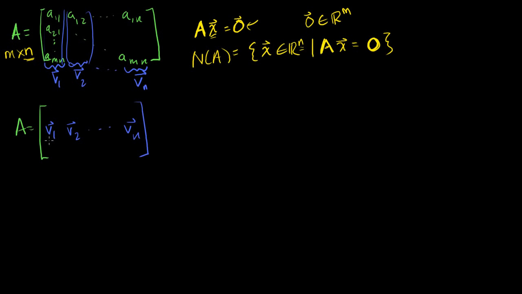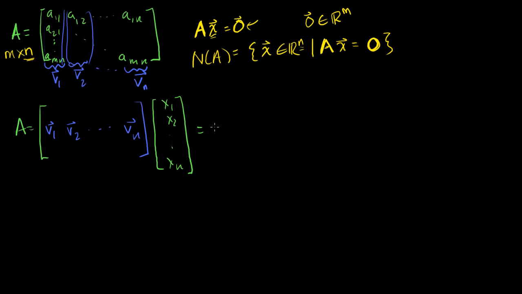And multiplying this matrix times a vector x, so times x1, x2, all the way to xn, we've seen in the past on the matrix vector product definition video that this actually just comes straight out of the definition.